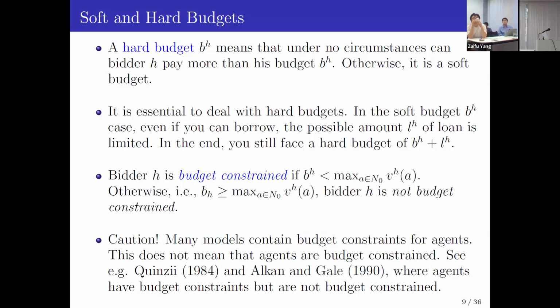Actually, there's some confusion in the literature. Many models also take budget into consideration, but in most cases there's an underlying assumption that agents are not budget constrained. So that's quite important to point out.